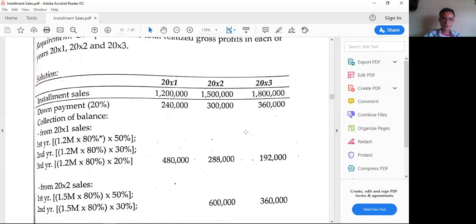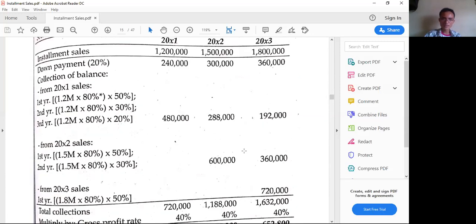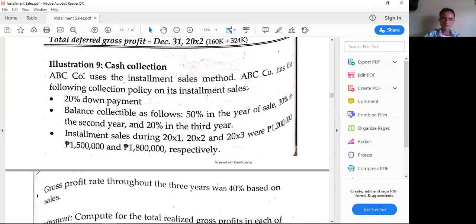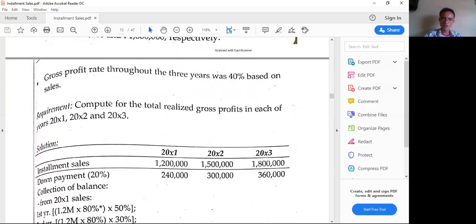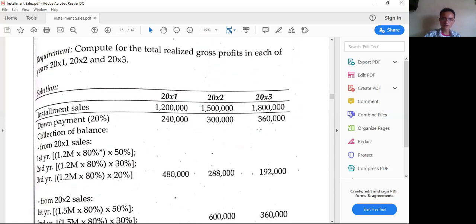Okay, so this is quite a long method in which you have, for example, 1,200,000 in the year 20x1. Down payment is 20%. That's part of the collection. So 1.2 times 0.2, it's here, as well as for the next 2 years. For the 3 years, you have here the 20% down payment.